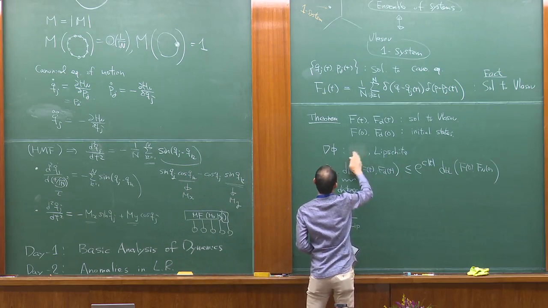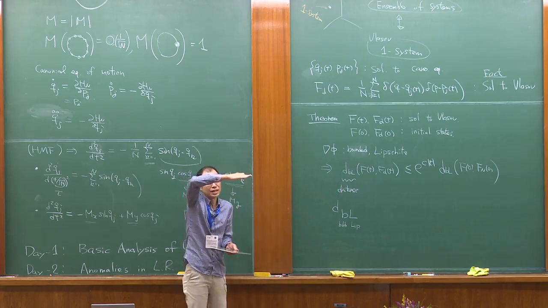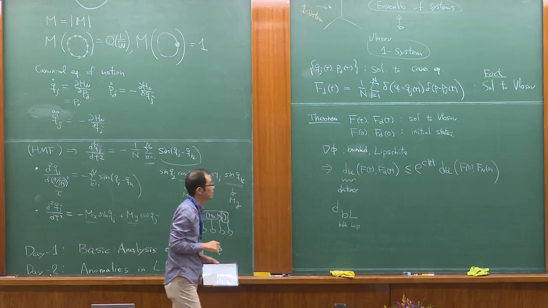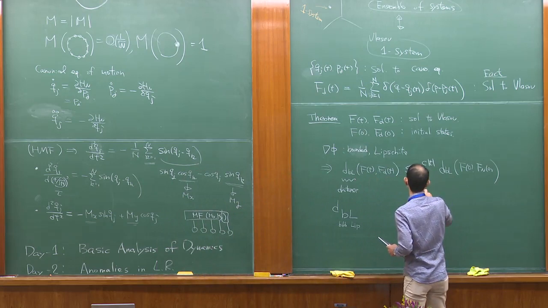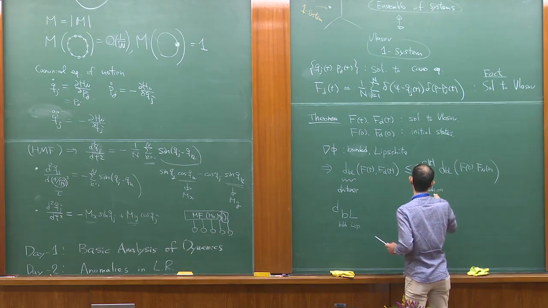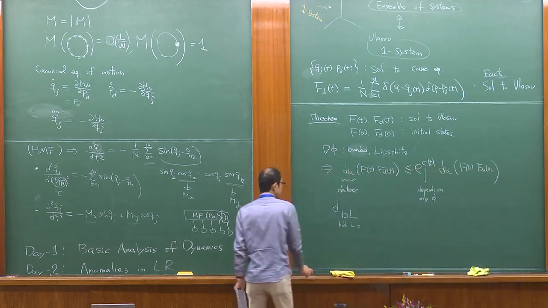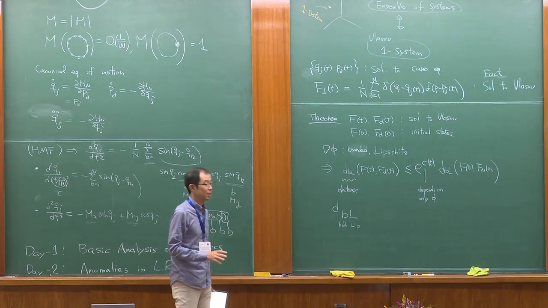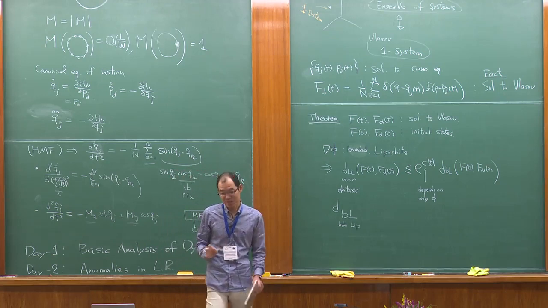The word is bounded, so the absolute value of the gradient does not diverge. And this C depends only on phi. I skip the detail of the bounded Lipschitz distance, but anyway, that is some kind of distance.